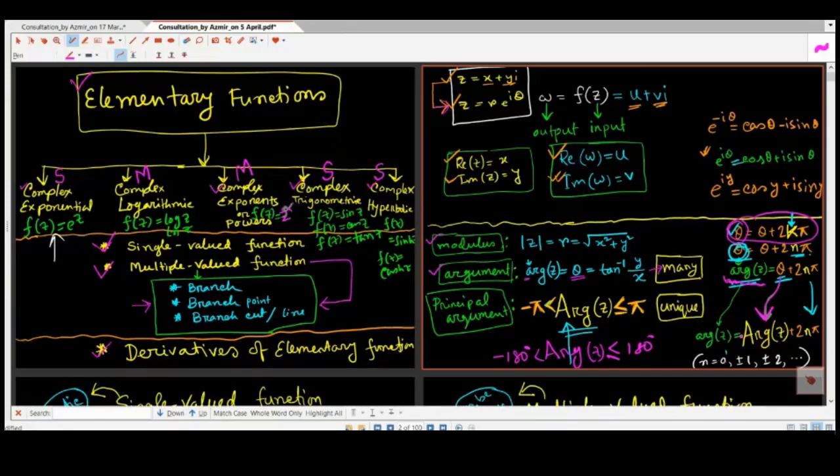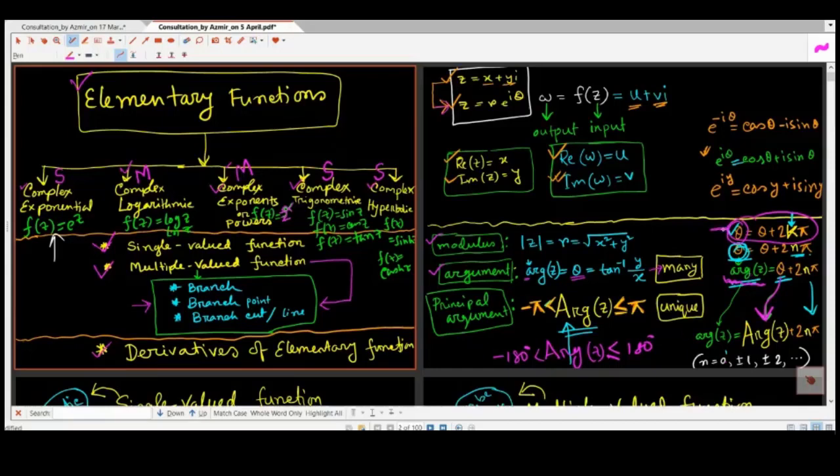So why we need principal argument? Because this time we are going to talk about multiple valued functions. So whenever we have to know multiple valued function, at that time principal argument is very important.